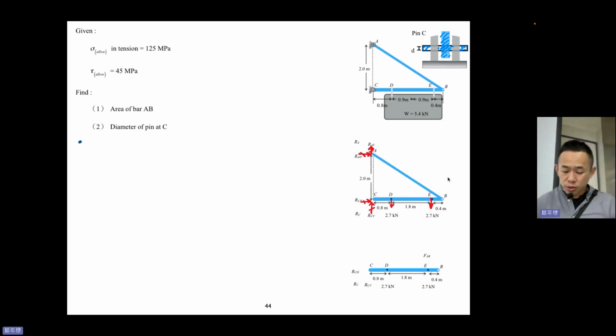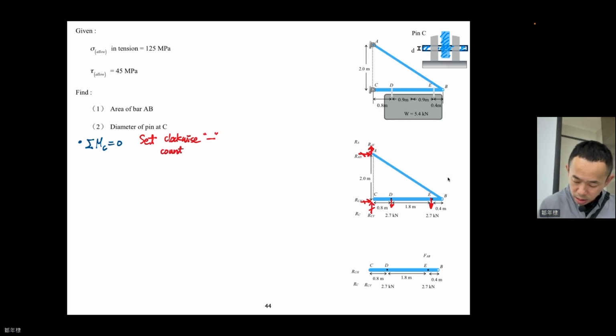I believe you're a senior high school student. When you were a senior high school student, you did moment balancing, right? Sigma MC equal to 0. And then we also need to give you a concept that we set clockwise negative and counterclockwise positive.